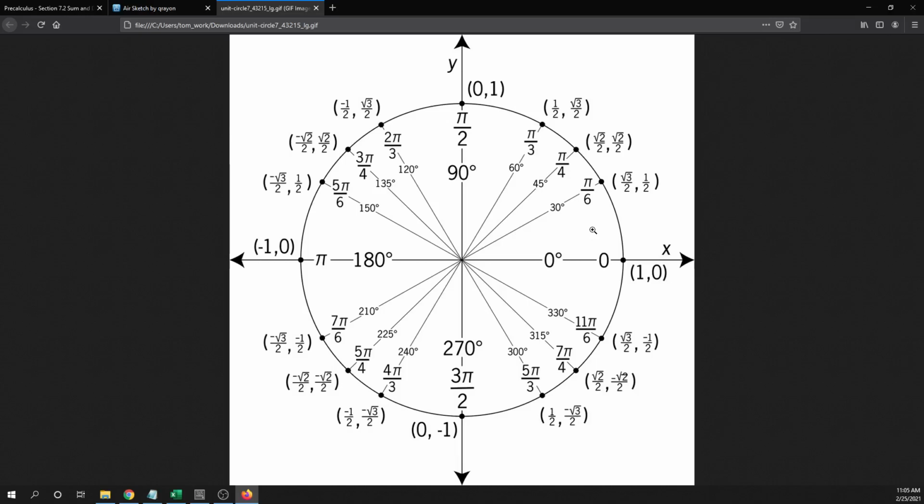In this section, we are studying the sum and difference identities. So I want to write pi over 12 as a sum or difference of angles, special angles that are on the unit circle. There are lots of ways to do that.